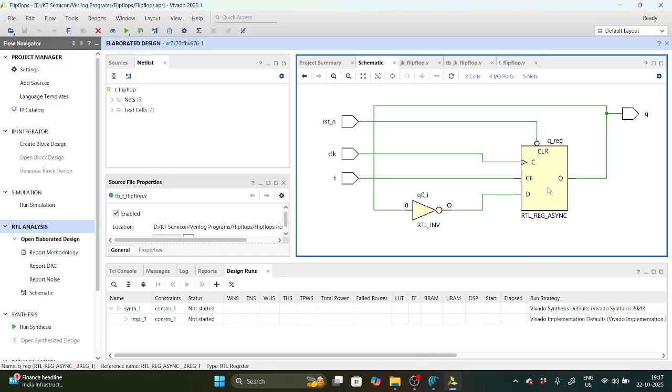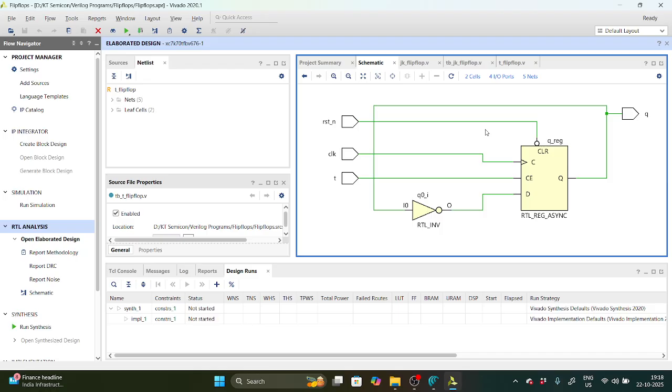See here, T input, clock, posedge of clock, and this asynchronous active low reset. Synchronous active low reset means it is coming through the mux, and special timing analysis is required for that one, but here it is coming directly. Timing analysis is not required for this. Directly it is given to the clear signal. This is an active low signal.